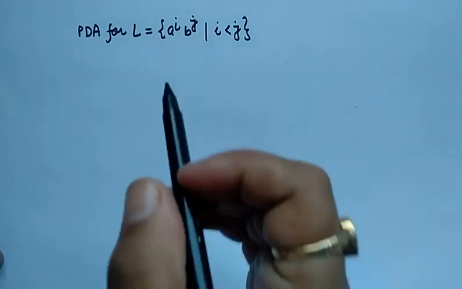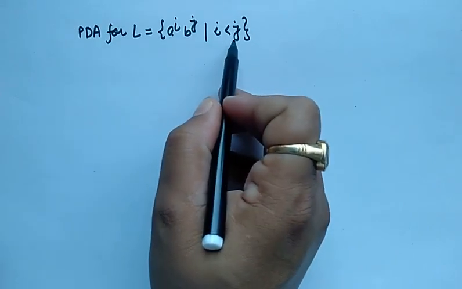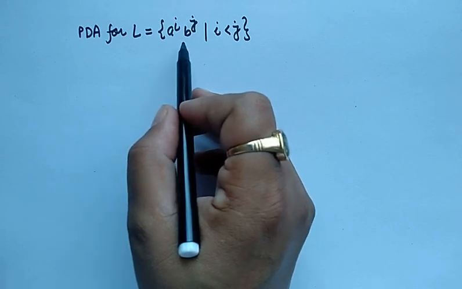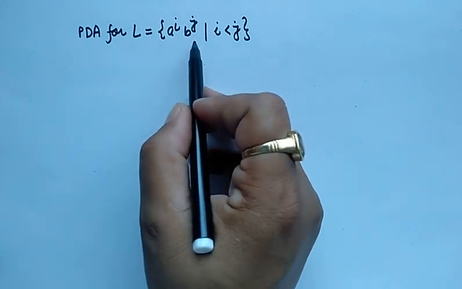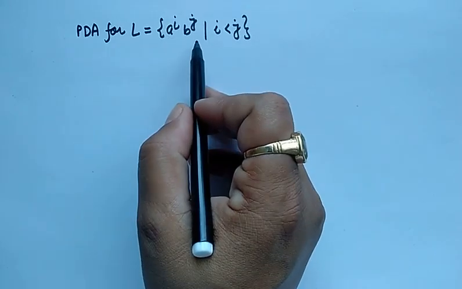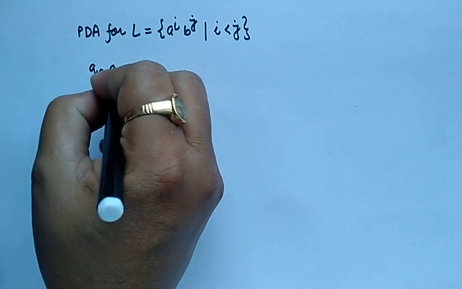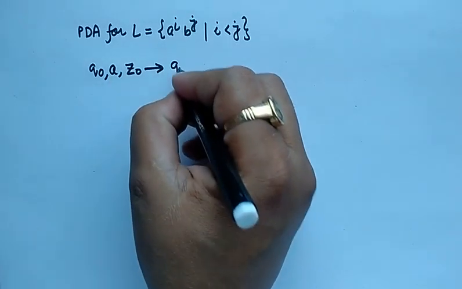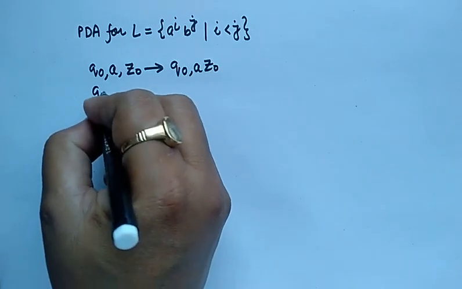Now let's construct a PDA for A^I B^J, I less than J. So again, we'll apply the same process. We will push all A's into the stack and we'll pop one A with one B. So all the A's will be pushed with these two rules.